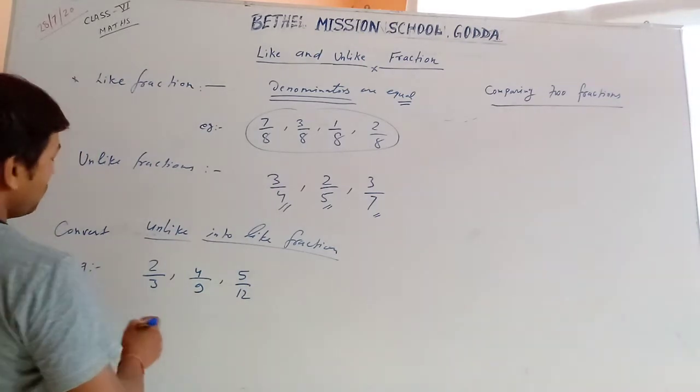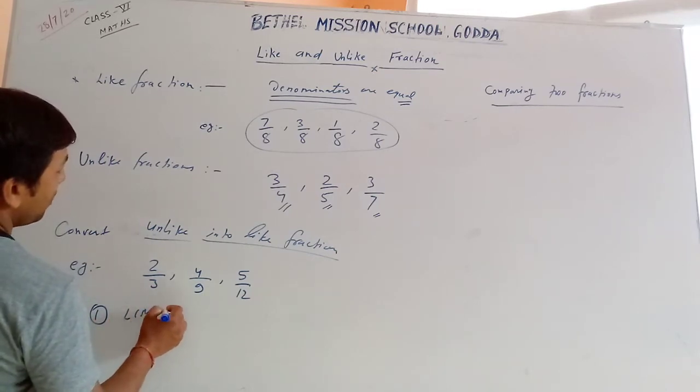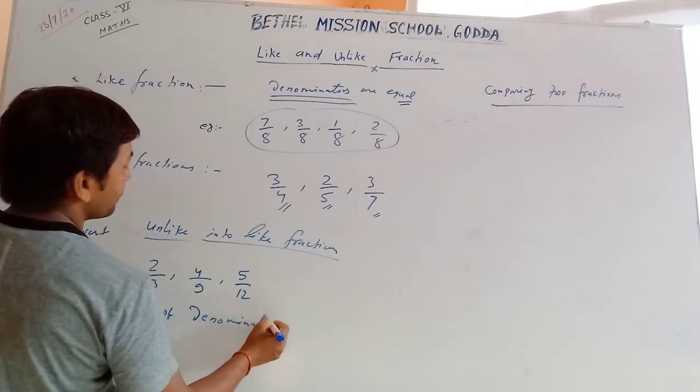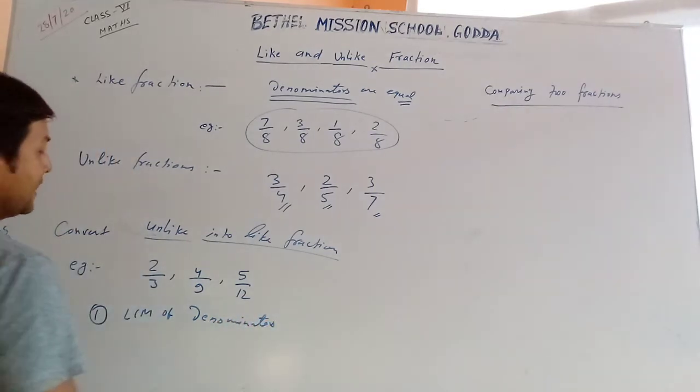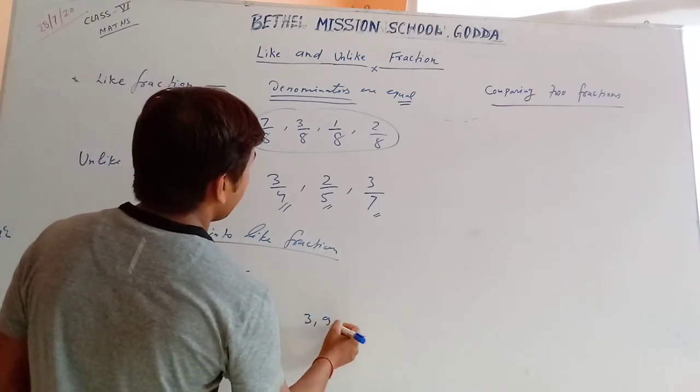First, you will take the LCM of the denominators. You have to find the LCM of 3, 9 and 12.